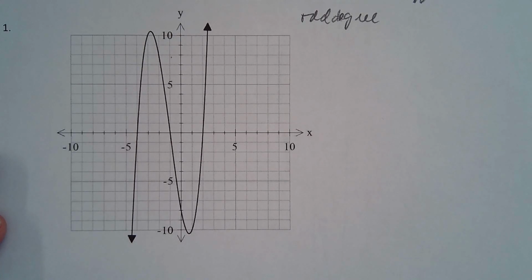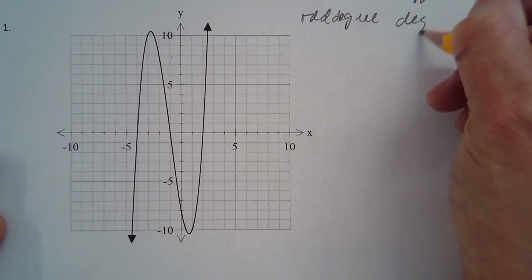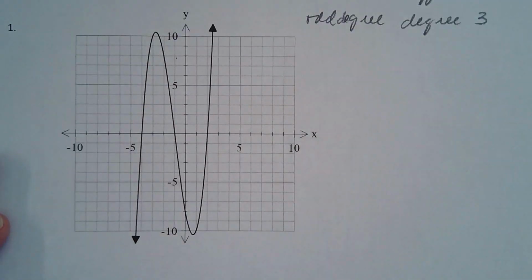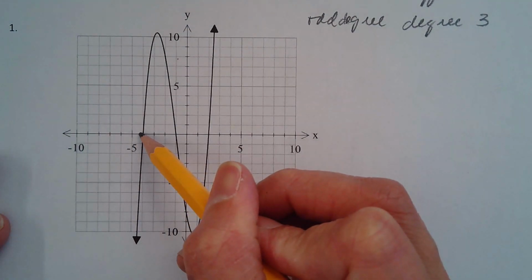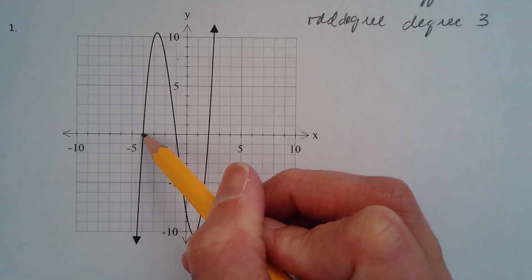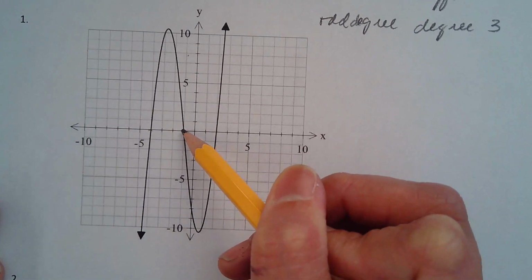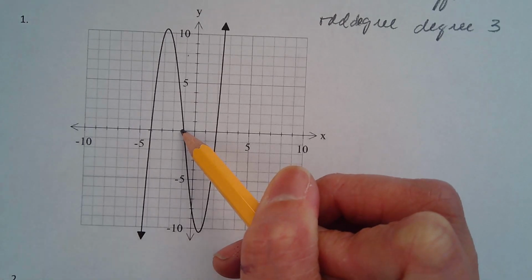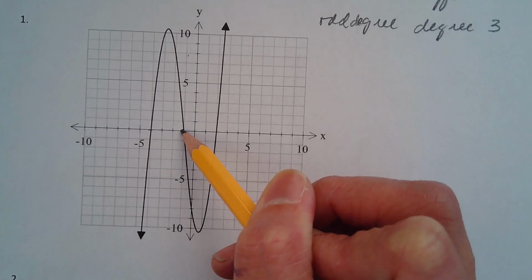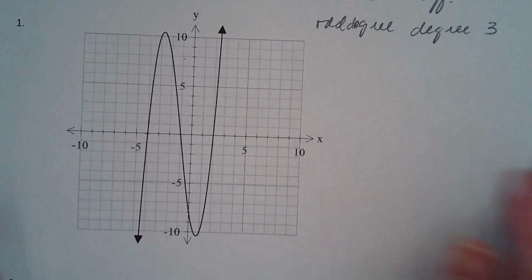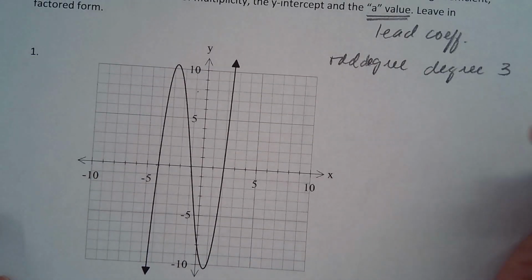Degree 3. Yeah. Right? Because as you can see here, there's an x-intercept there. It just went straight through. So that means it's a multiplicity of 1. There's an x-intercept there. It's straight through. Multiplicity of 1. And then the same thing there. Okay. Good. So what are the x-intercepts here?